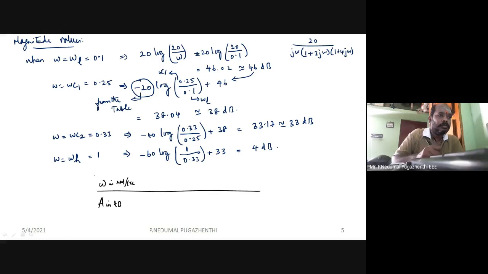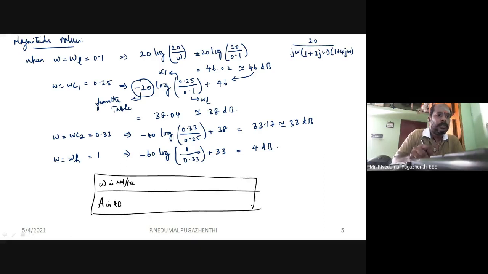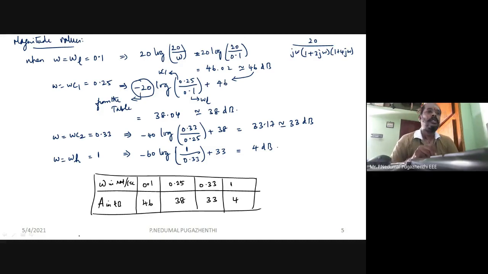This will help me in drawing my plot. So only 4 points are there. The first one is 0.1, for which I am getting 46. For 0.25, I am getting 38. For 0.33, I am getting 33. For 1, I am getting 4 decibels.